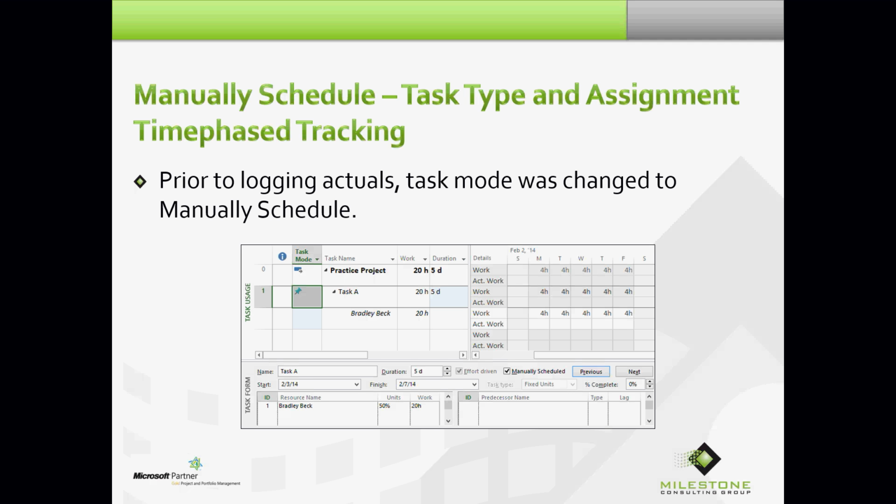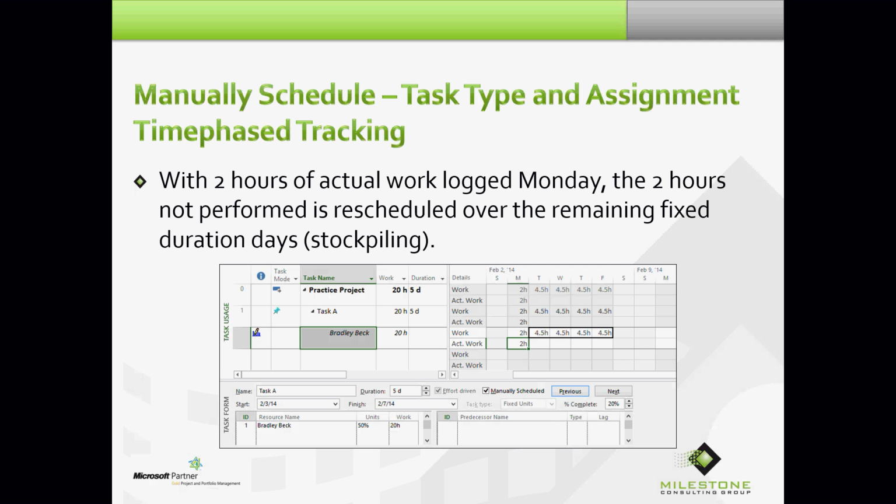Okay? So think about the same example from a manually scheduled perspective. There's the same setup. Bradley Beck, 50%, 20 hours of work. He comes in and he does 2 hours on that first day. Well, Project's not going to get rid of the 2 he didn't do.